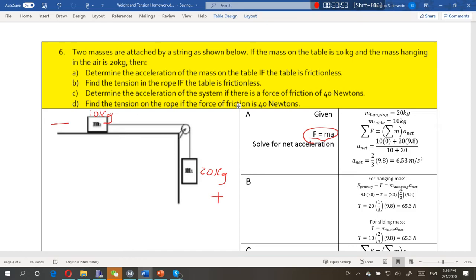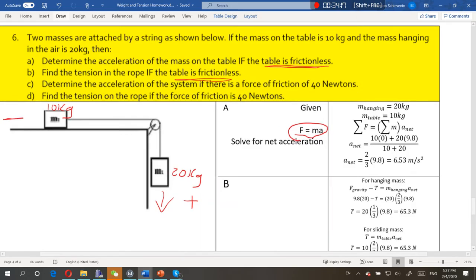The only force really acting on this system is the force of gravity pulling mass 1, right? If the table is frictionless, then there's nothing else pulling to the left. If force equals mass times acceleration and I want to solve for acceleration, I can divide by the total mass. So I have my forces here.